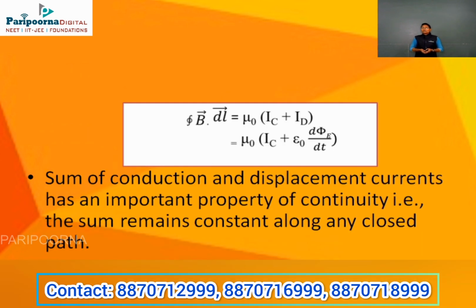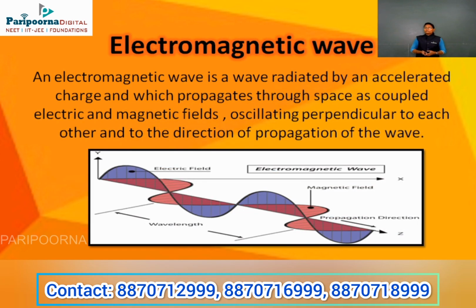So mu naught into IC plus ID, where ID is epsilon naught d phi E by dt. The sum of the conduction and displacement currents has an important property of continuity, that is, the sum remains constant along any closed path.